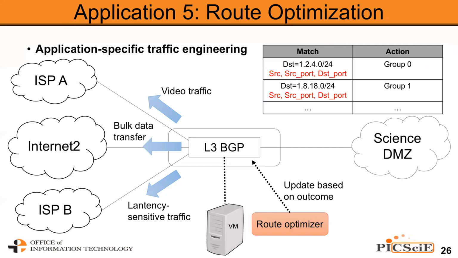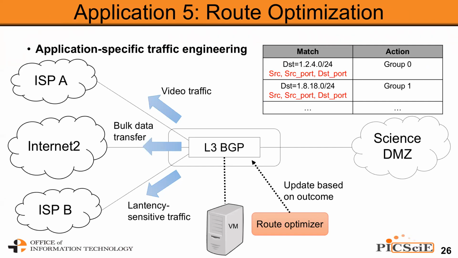Because these are all OpenFlow table rules on the switch itself, you can fiddle with it so that some traffic, for example video traffic, will use a different ISP. Bulk data transfer will go to another, for example Internet2.